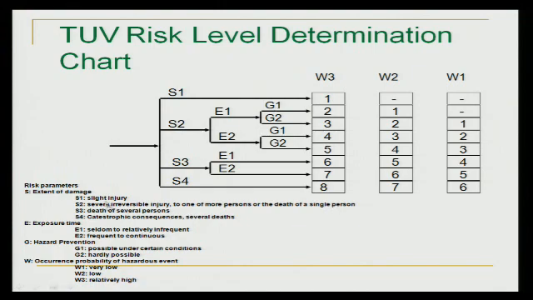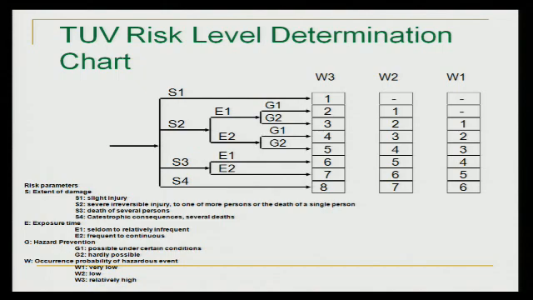So for example, if the extent of damage is catastrophic consequences or several deaths, you don't go through any other decision. You go right to level 8, which is your highest risk level. At the highest risk level, you may be asked to do a certain set of requirements to alleviate that risk. If you end up down at the lower levels, maybe this is where you just say caution, right? As opposed to prevention.